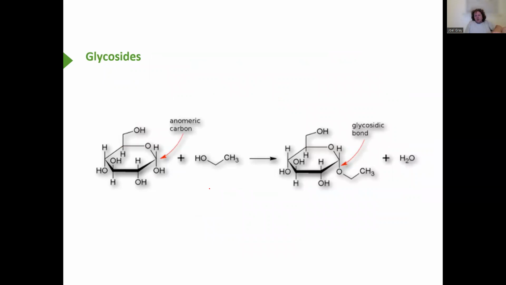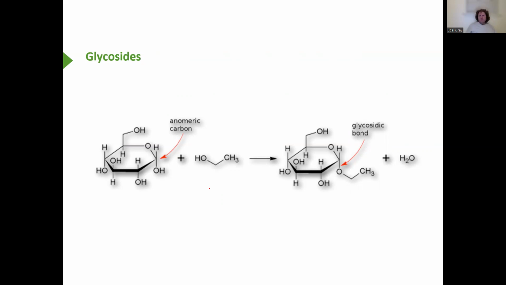Glycosides are molecules that can be very simple, they can be more complicated. Basically, what they have is the addition of a group, or the addition of an alcohol onto an anomeric carbon.